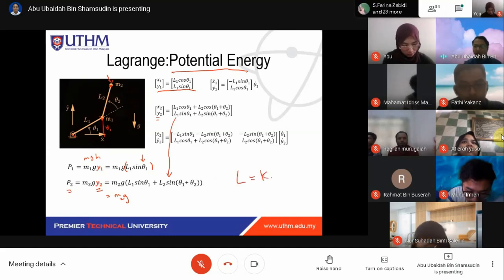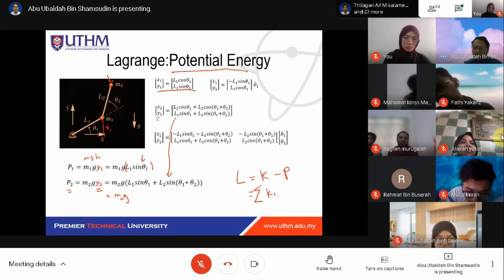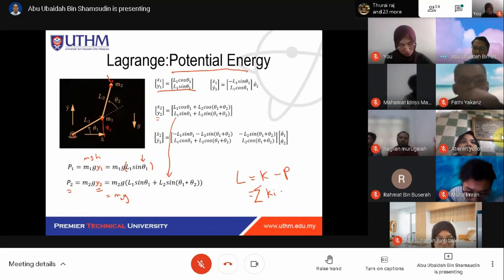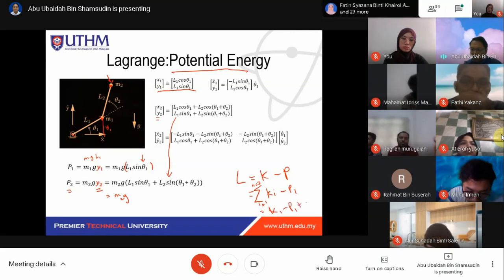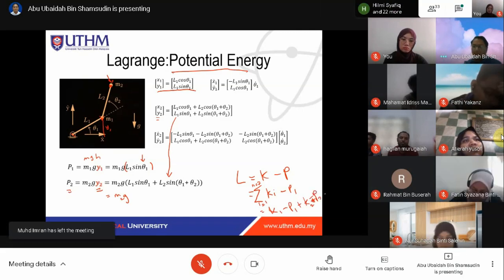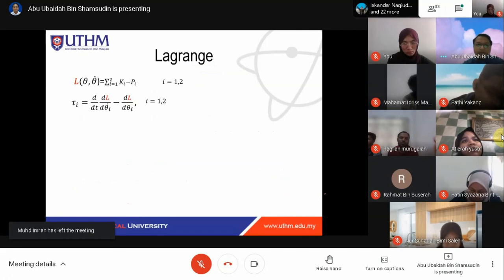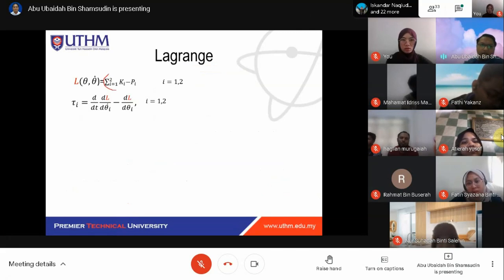Again, L is equal to K minus P. But we have 2K. So L is the sum of Ki minus Pi, and N is equal to the number, okay, I is equal to 1. Which means L is equal to K1 minus P1 plus K2 minus P2. Okay. So this is the equation here that I told you.